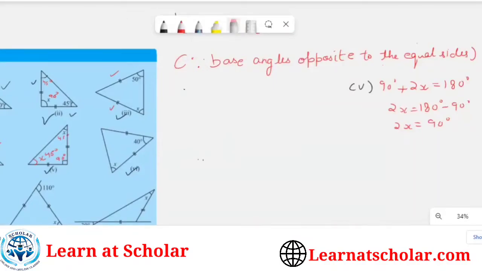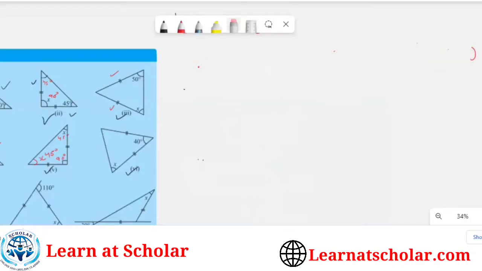I am clearing the board to explain the sixth one. All the examples or the problems given to you are based on your knowledge of triangles. Again it is an isosceles triangle. Two angles are of x degree. We have to find out the value of x.